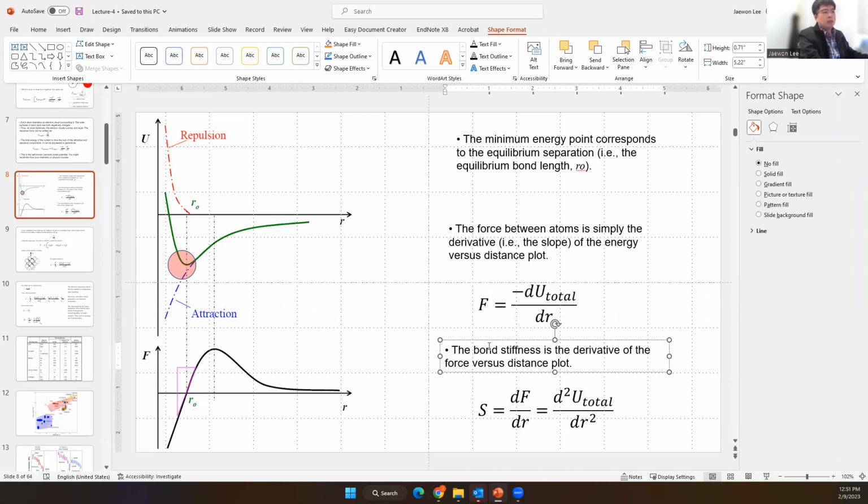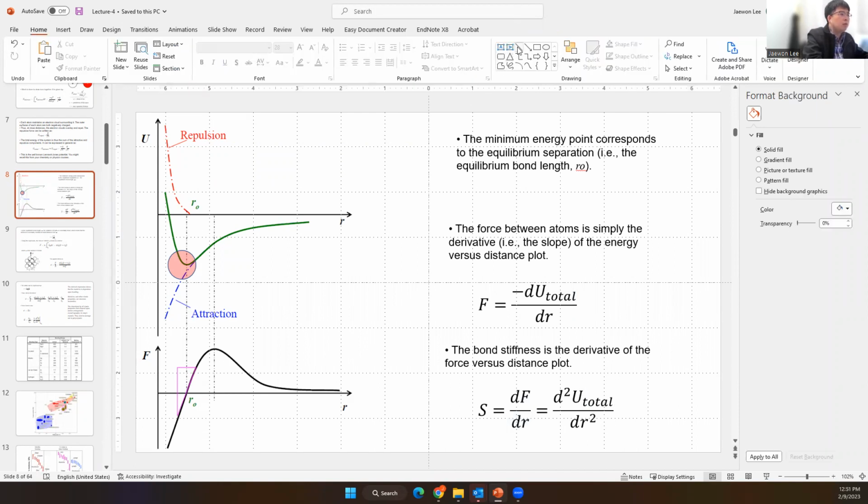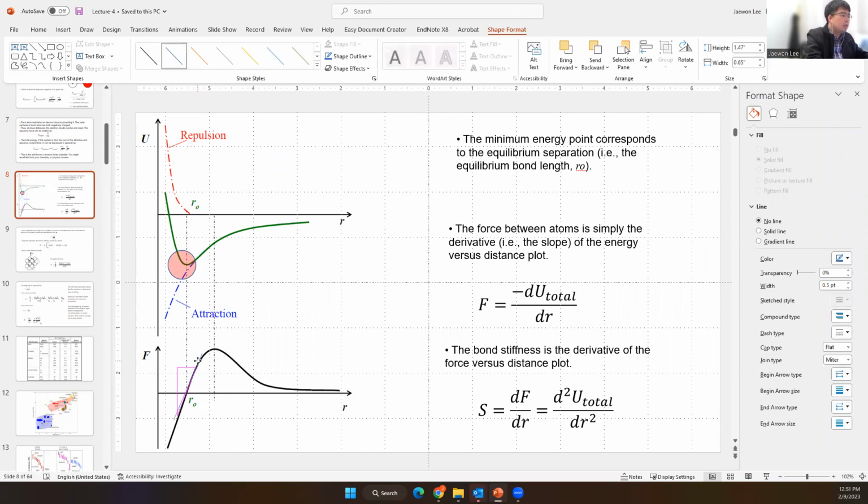But the bond stiffness is decided by the derivative of the force. So this is the slope. What is the slope of the force is related to the stiffness.